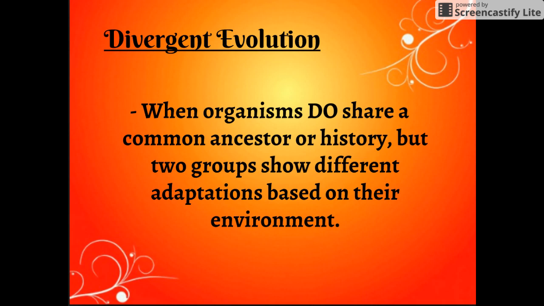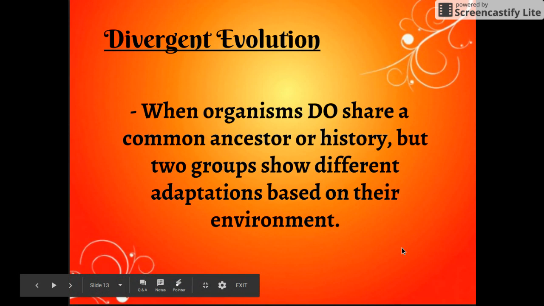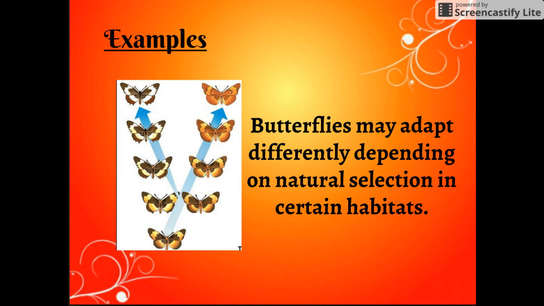So let me take a closer look. So they did have a common ancestor, but depending on which island they were located and depending on what the finches ate, they actually were evolving differently. So that's one example, Darwin's finches. It's very classic. I wanted to mention it. I don't have a slide for that specifically.